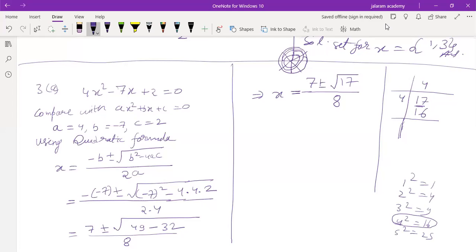And then continue. Sir, and then we will put a point. First we will subtract 17 minus 16, it is 1. Then where to put the point? Sir, on the question, with the 17.